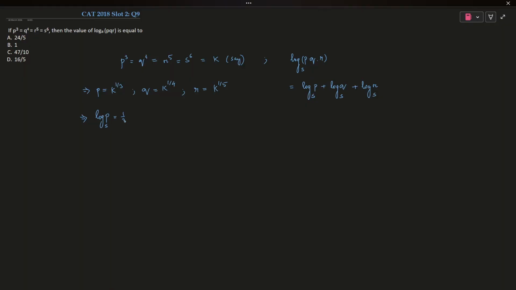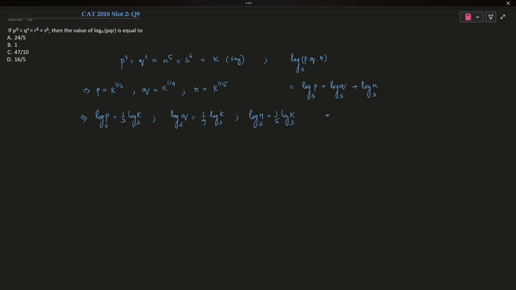I will get 1 by 3 log k base s. Similarly, log q to the base s will give me 1 by 4 log k to the base s, and log r to the base s will give me 1 by 5 log k base s.